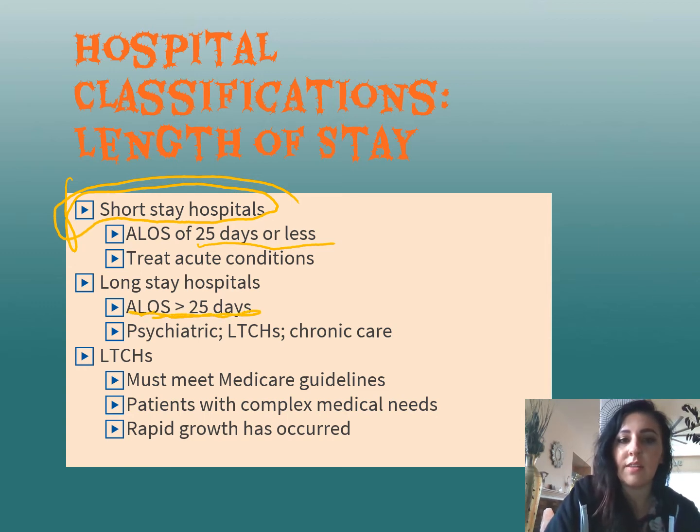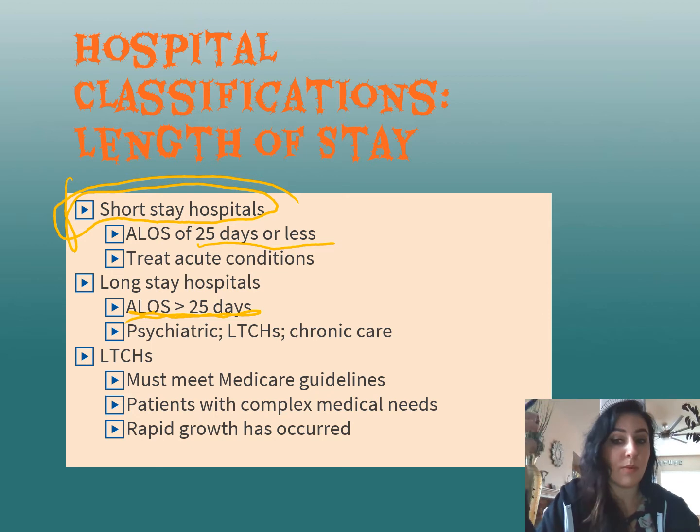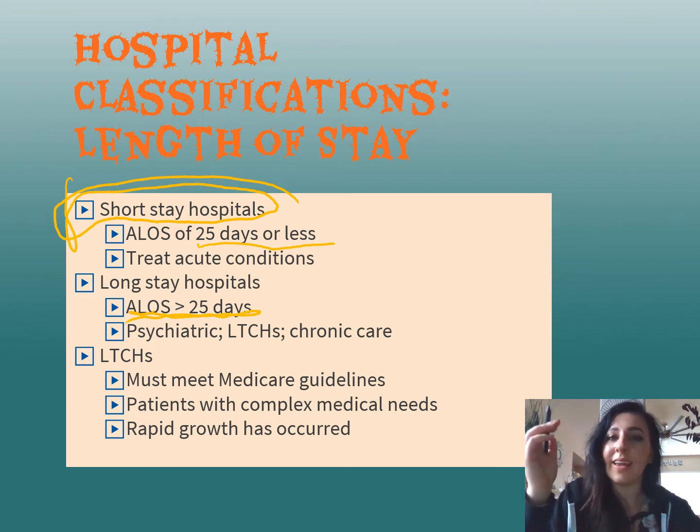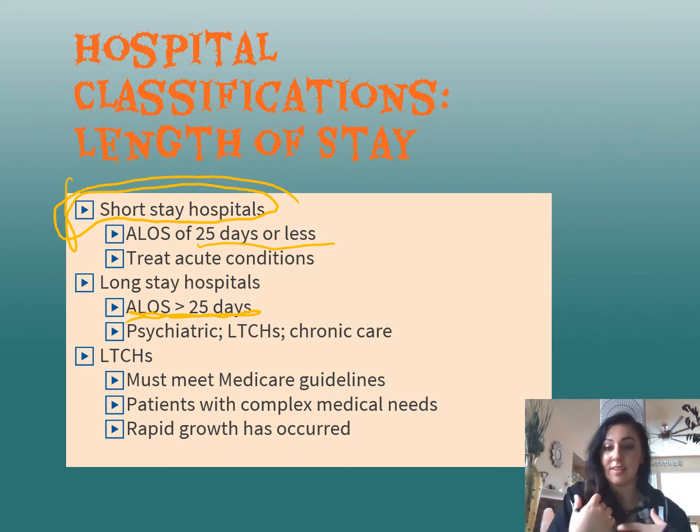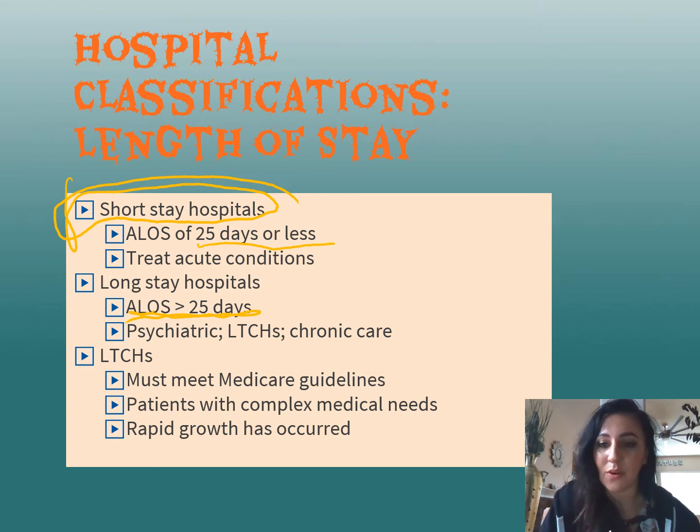So the type of care that's usually given here, remember I said a lot earlier, chronic care is that long-staying illness that's probably going to stay with you for the rest of your life.